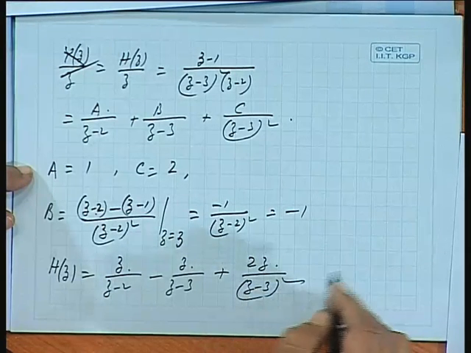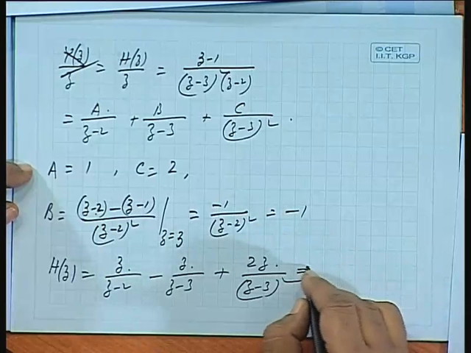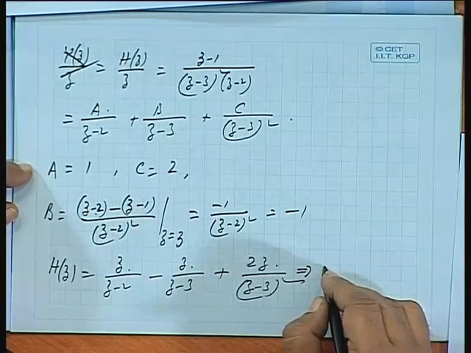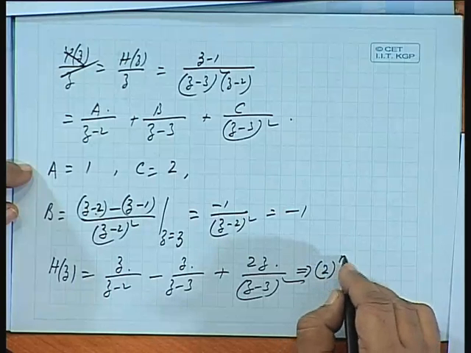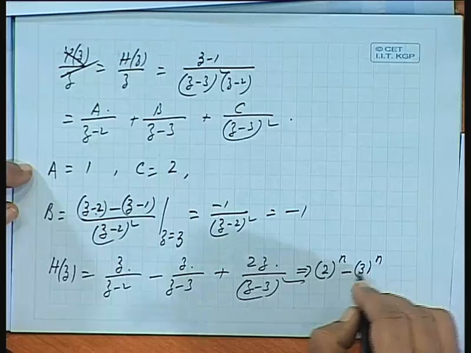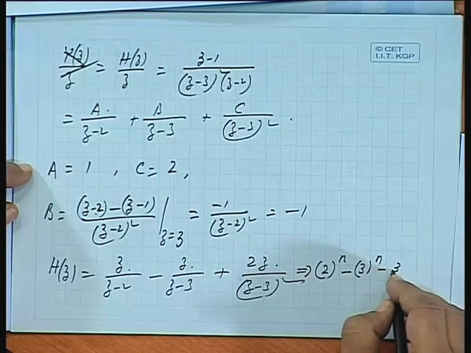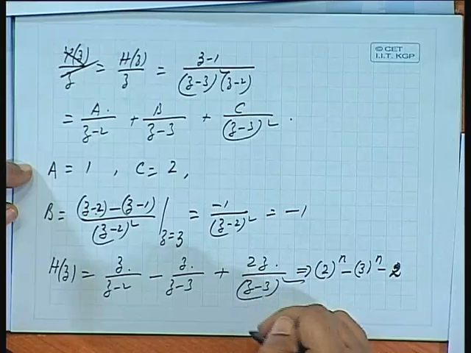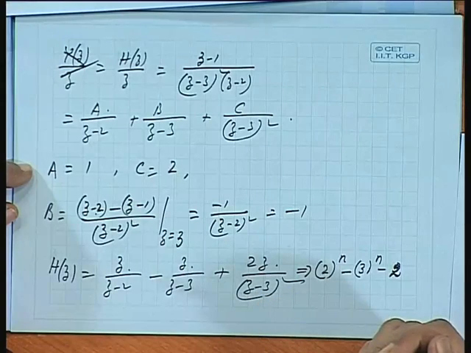So, what will be the corresponding hn? This is 2 to the power n minus 3 to the power n minus 2, is it 2 into n, z by z minus 3 whole square?